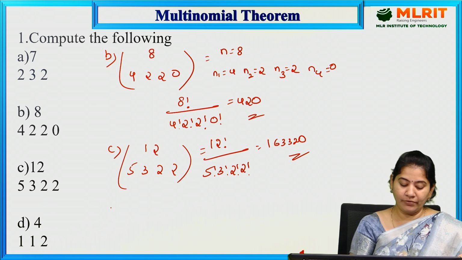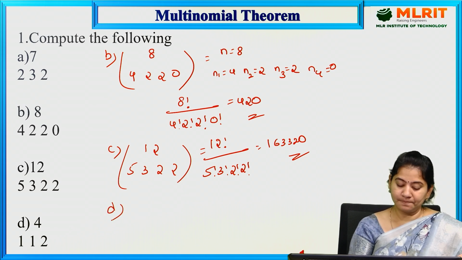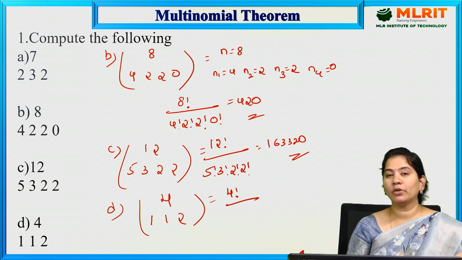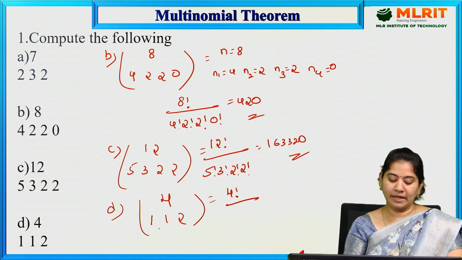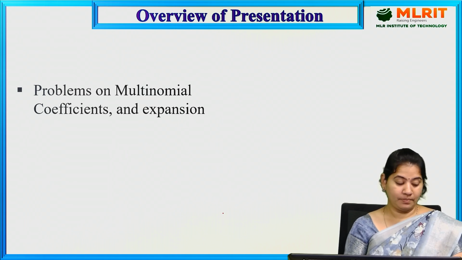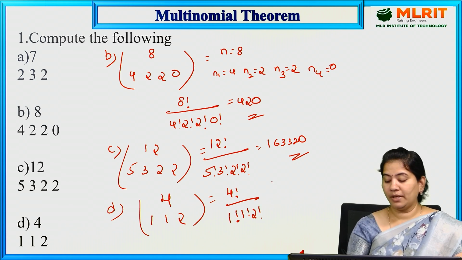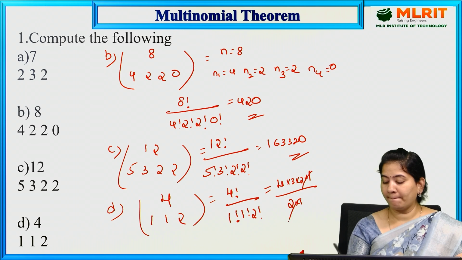In the same way, if you go for D, 4; 1, 1, 2, which is 4 factorial, and the n values are 1 factorial, 1 factorial and 2 factorial. So 4 into 3 into 2 into 1 by 2 into 1, so the answer is 12.